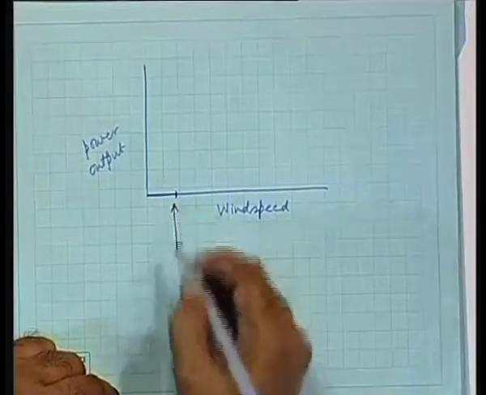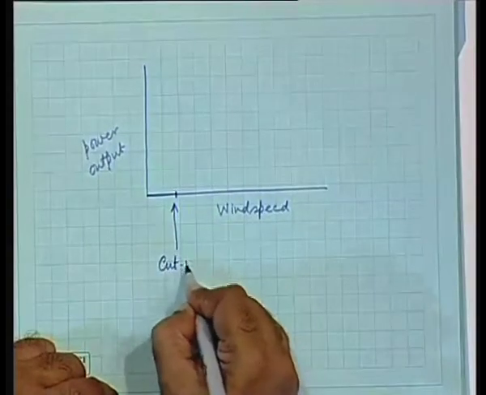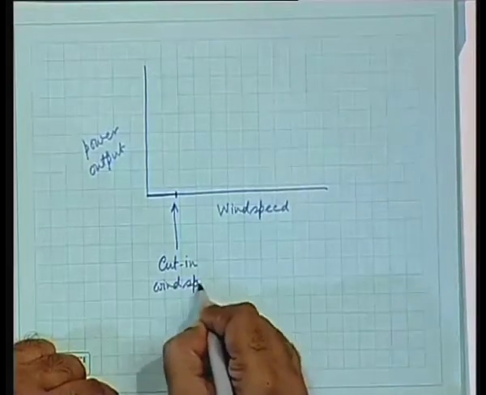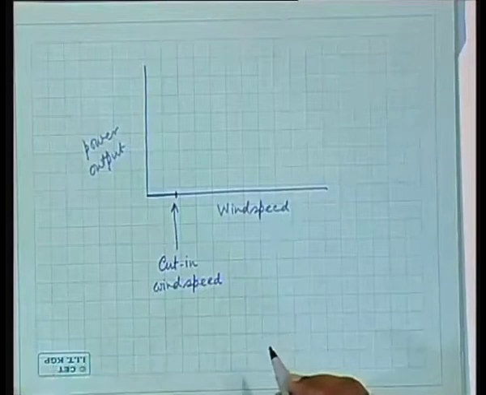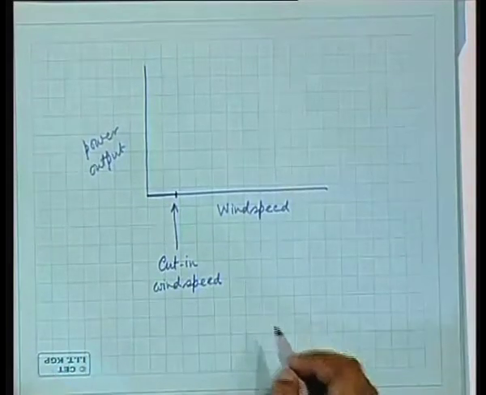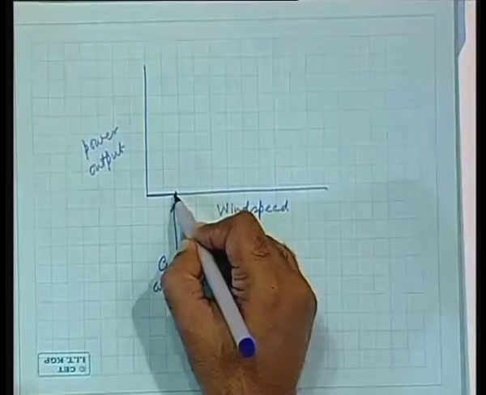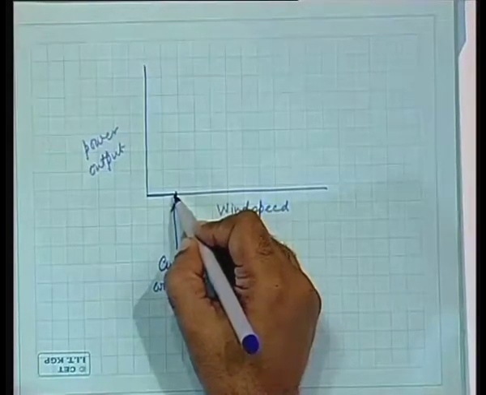This wind speed is called the cut in wind speed. Beyond the cut in wind speed, it will start producing power.